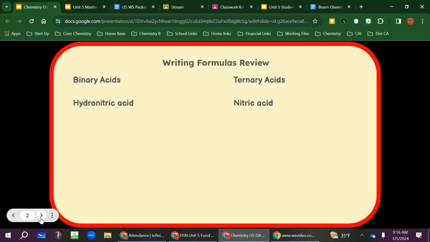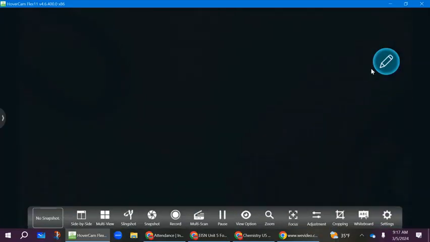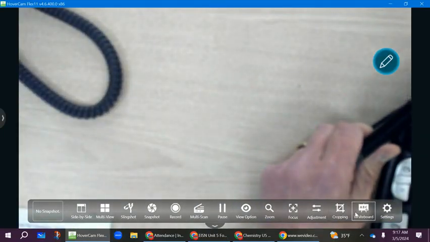So binary acids always begin with the name hydro and always contain only two elements. And one of those two elements happens to be hydrogen. So really all we need is the other element that is in there. So let's do a little bit of writing a binary acid here.